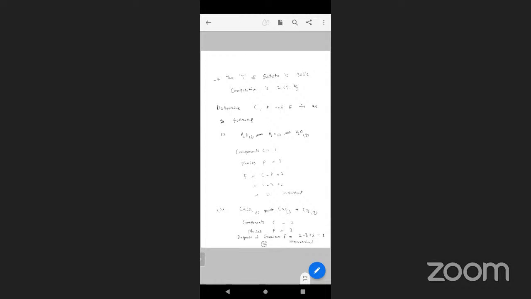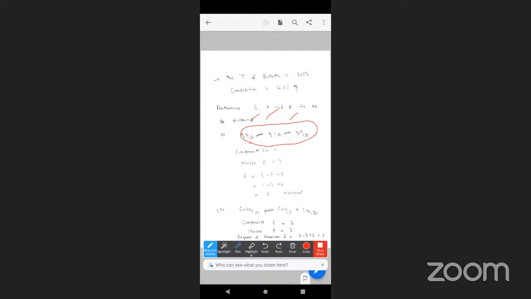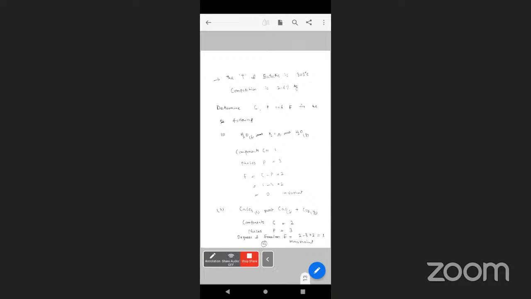So once again, let us see this. Let us find the component, phase, and F degrees of freedom for this equilibrium. You will get components 1, phases 3, and F equal to 0, invariant. And take another example, calcium carbonate decomposition.